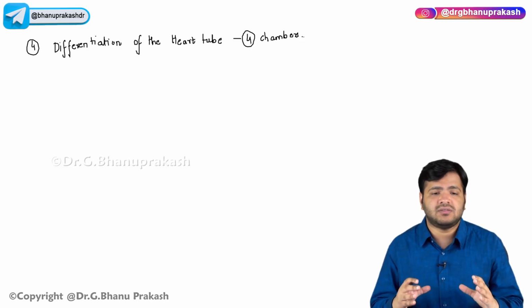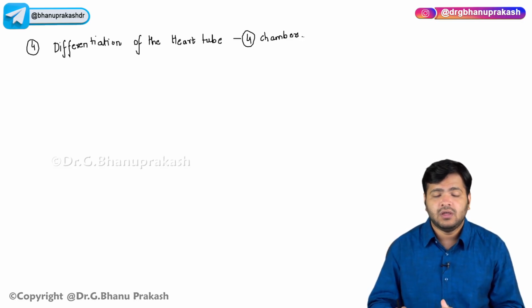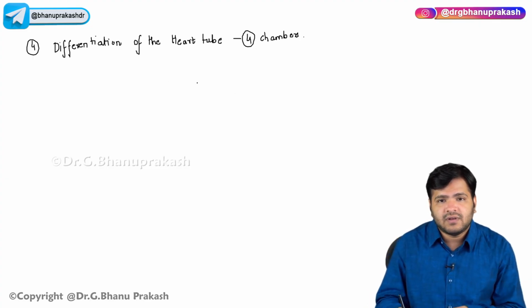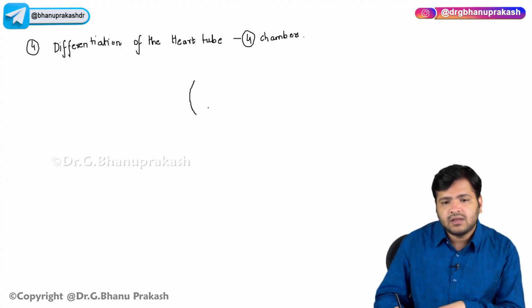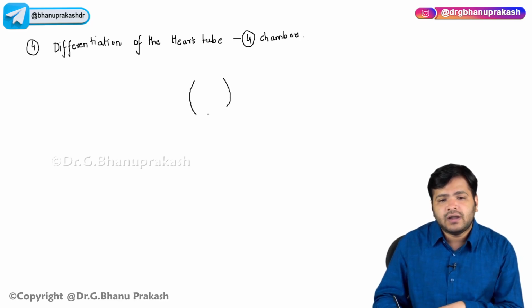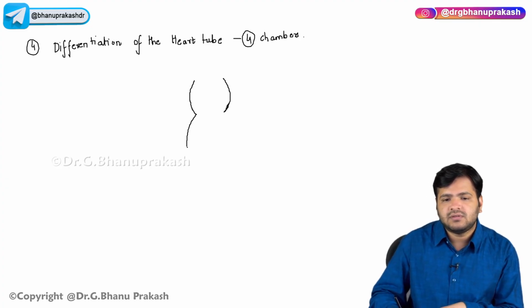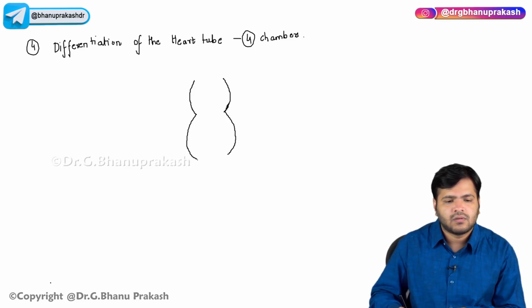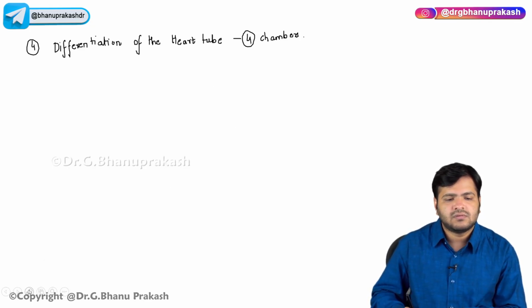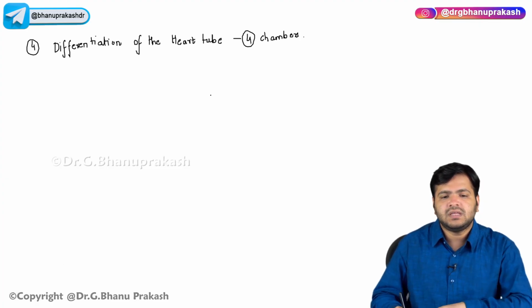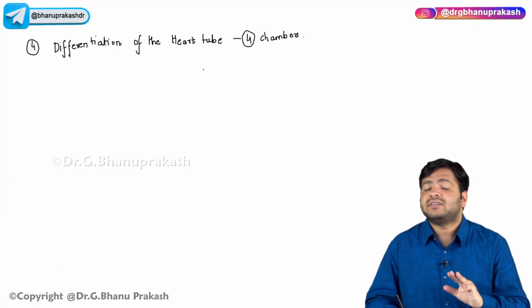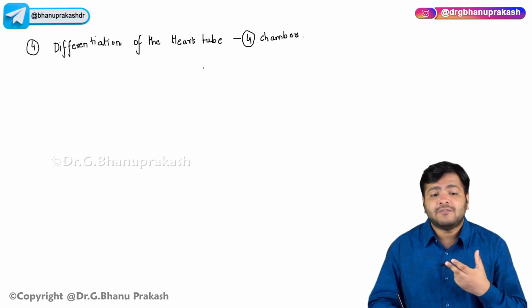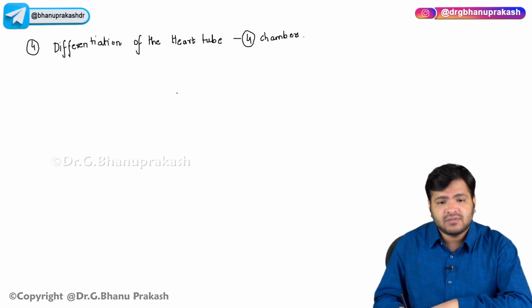There will be 3 constrictions that will appear in the primitive heart tube, and they will lead to the development of 4 dilatations. Let us try to draw these 3 constrictions.